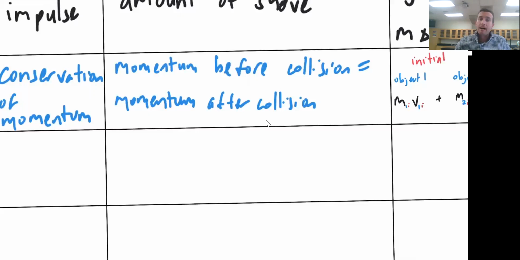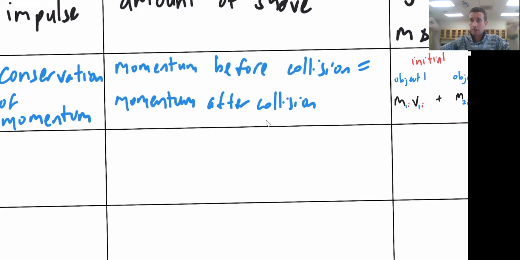So if I have two objects, one object standing still, the other object comes in, the total amount of momentum before has to equal, after they collide, the total amount of momentum after. So in this case, one object came in, one object was stopped, boom, second object stopped, other object kept going. The momentum before the collision has to equal the momentum after.